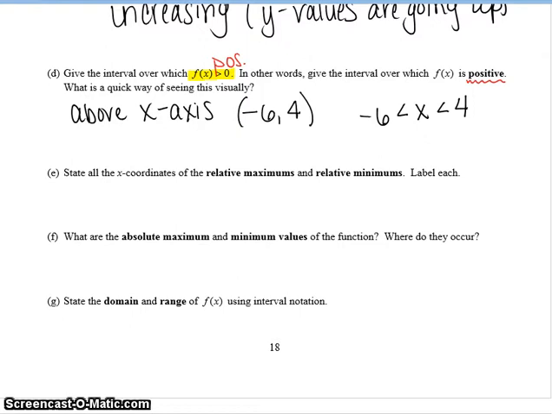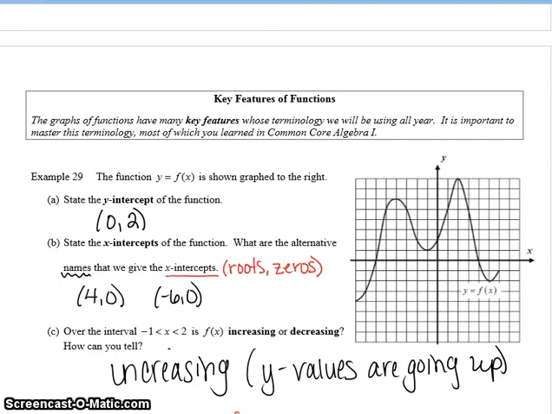Part E, state all the coordinates of the relative maximums. Relative maximum means name all the highest points on the graph. If I go to this graph here, this is going to be a minimum, this is a minimum, and this is a minimum.